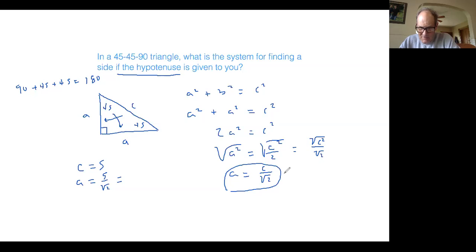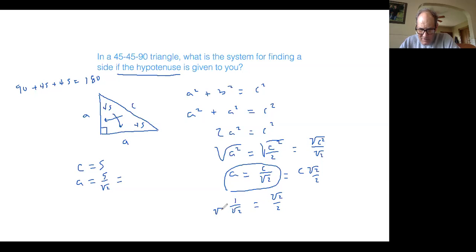Now, sometimes, or almost all the time, they'll say it this way: C times the square root of 2 over 2. Where does that come from? Well, 1 over the square root of 2 is equal to square root of 2 over 2. Why? Because an old rule in math is that you can't have a square root or a radical in the denominator.